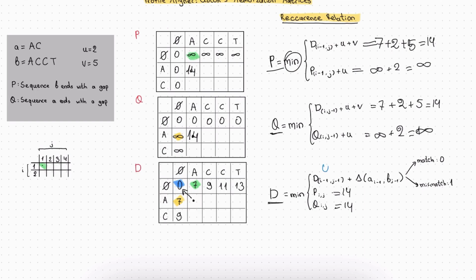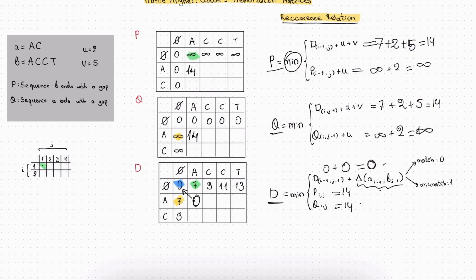So we have 0 plus, and then we have this delta equation, which checks whether there's a match or a mismatch. And because it's an empty set, there's no match or a mismatch. Therefore, we're going to keep it 0. Therefore, we need to take a minimum between 0, 14, and 14. And of course, we will keep 0.